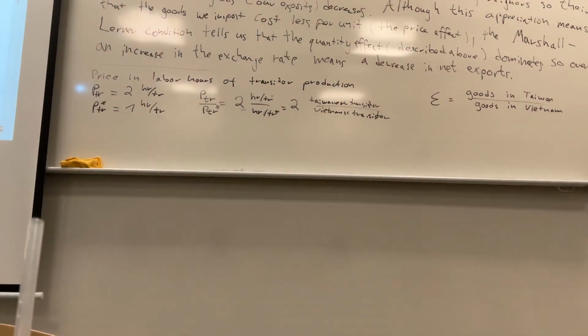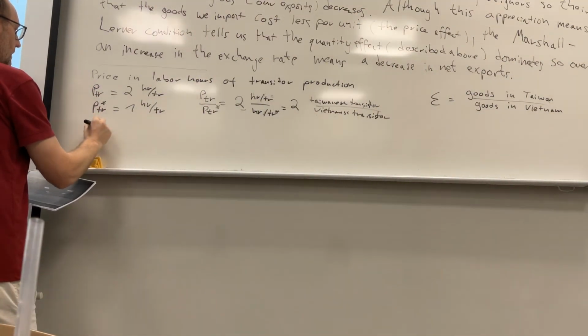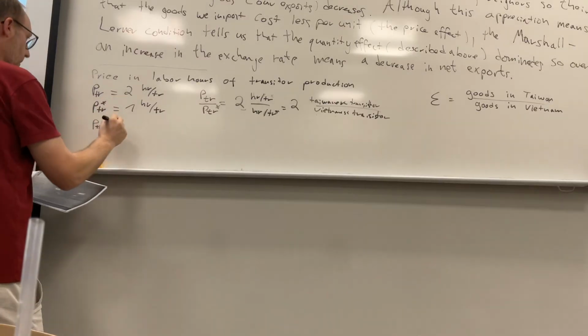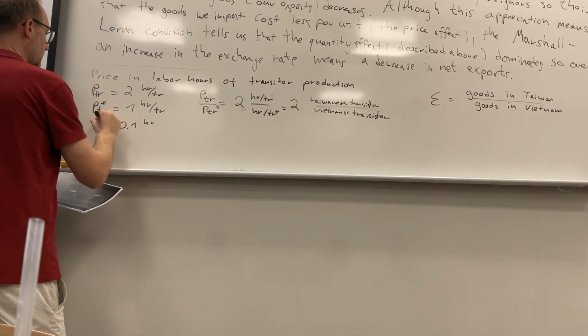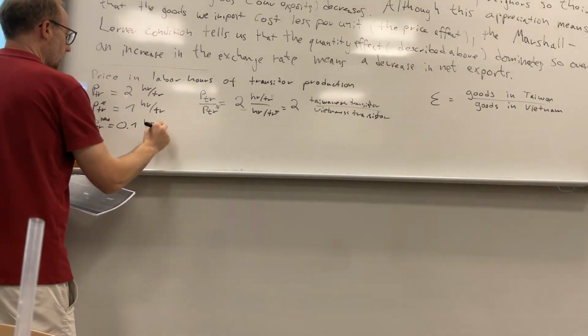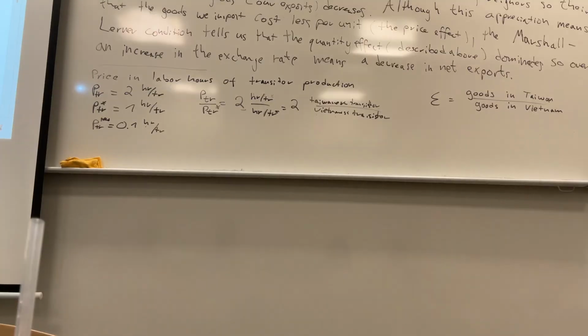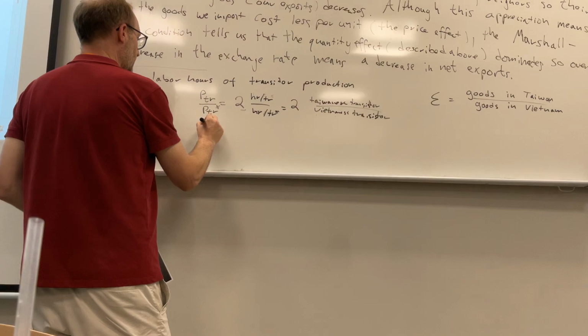These investments in development reduced the price of producing a transistor to 1/10 of an hour, so 6 minutes. New factories, new training for Vietnamese employees, the equivalent of 6 minutes per transistor. So what does this mean for this ratio here?